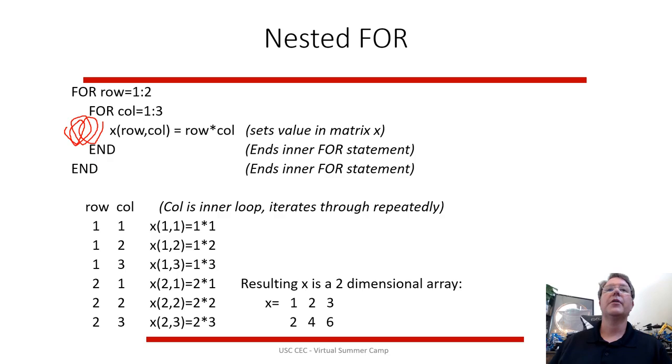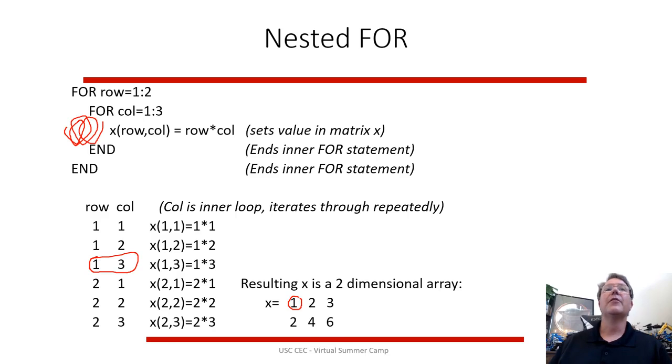The first time through, you've got row and column equal to 1, so you can evaluate this line, and it basically puts a value of 1 in this first element. And then column goes to 2 and then 3. So the third time through, row is still 1, and column goes to 3. So we have 1 times 1, and 1 times 2, and 1 times 3. And those are going to be stuck in the first row, first column, second column, third column.